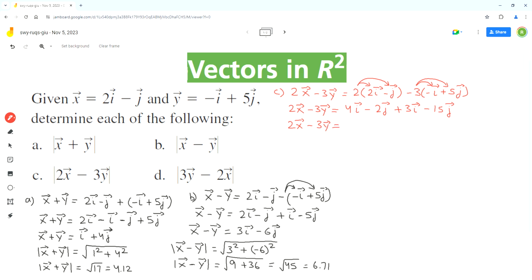Now we can combine the i and the j terms. So for i terms, we'll have to do 4 plus 3. And for j terms, we have to do negative 2 minus 15.